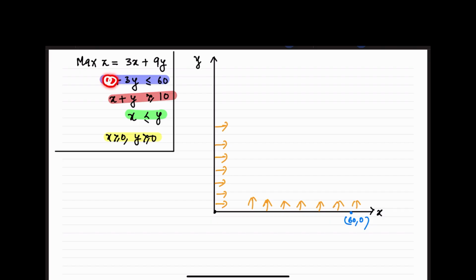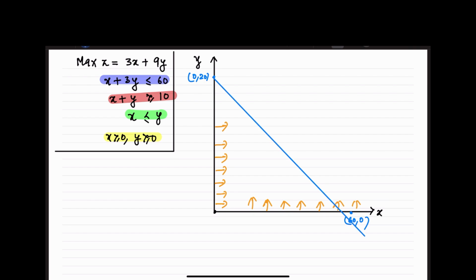And if you put x as 0, you have 3y equals 60. So y is 20. Let's say y is this value, 0 comma 20. The constraint is passing through these 2 points.